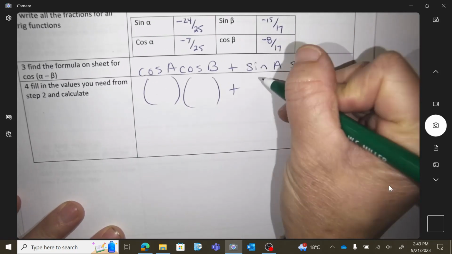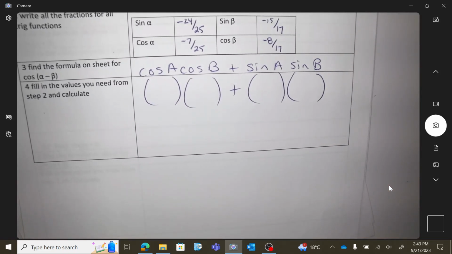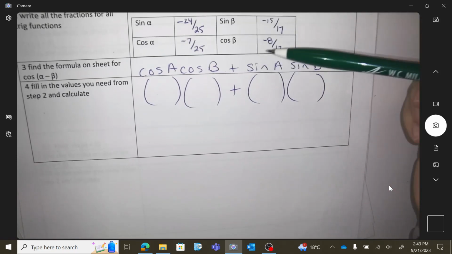Okay, next I'm going to put 4 brackets. Okay, you've already done the work. You're ready to just fill in from your chart. Okay, this was all the preliminary work we did.